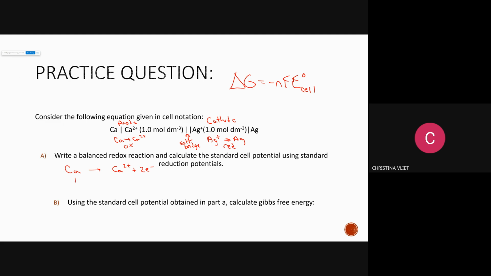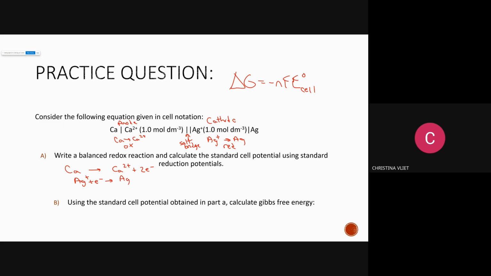And then for silver, where would the electrons be? From silver plus 1 to silver 0. Where would the electrons be, the left or the right? If this is the anode, the electrons are being released. If this is the cathode, the electrons are being accepted going in. So where are the electrons in the second equation? On the left-hand side, right? And then plus 1 minus 1 makes 0. The charges are balanced.